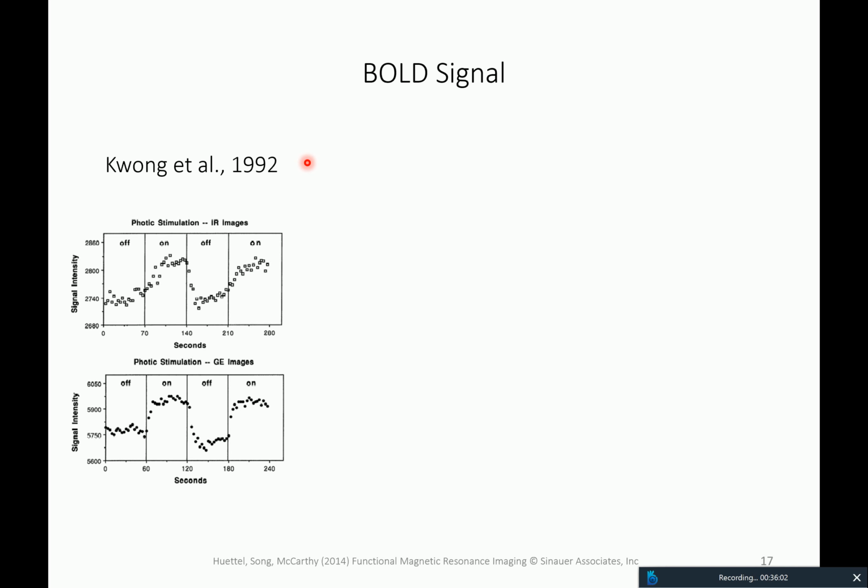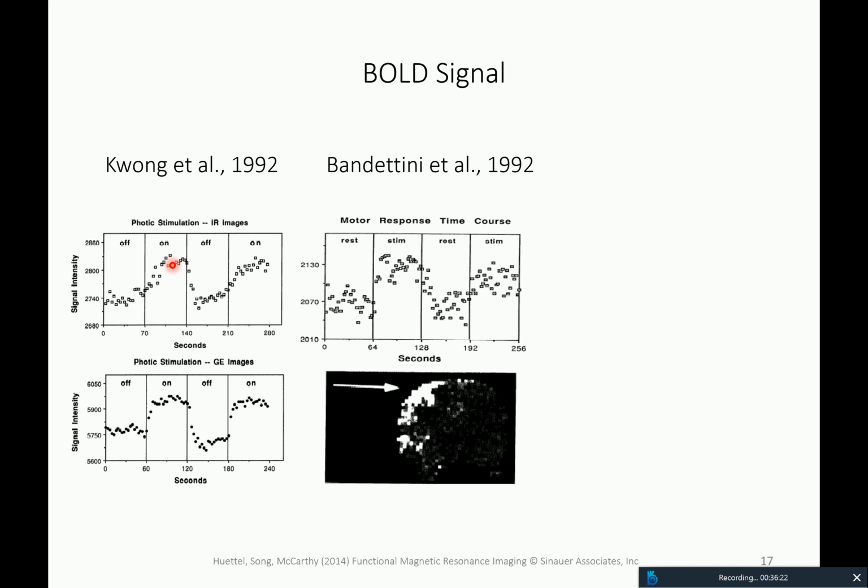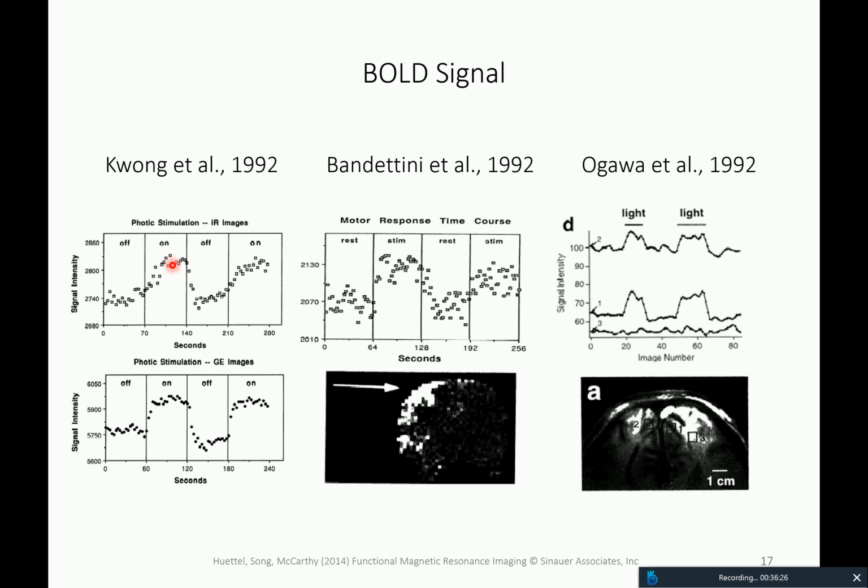And what happened there is that they presented visual stimuli to participants and looked at the signal intensity in some visual cortex area, and they report that the signal intensity increases. And the same thing was then also reported for motor activity, for motor cortex.